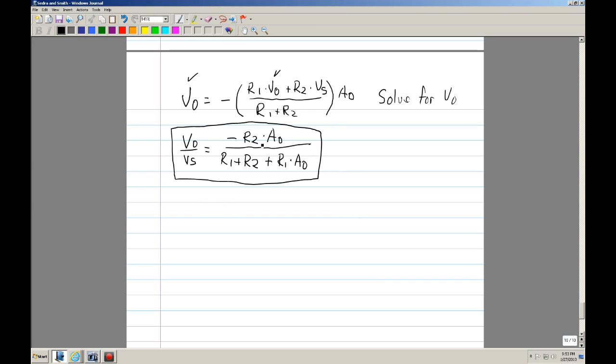Now we can divide by A sub O in both numerator and denominator. Then we get R2 in the numerator, and in the denominator R1 plus (R1 plus R2) divided by A sub O. This is the final form that I wanted.